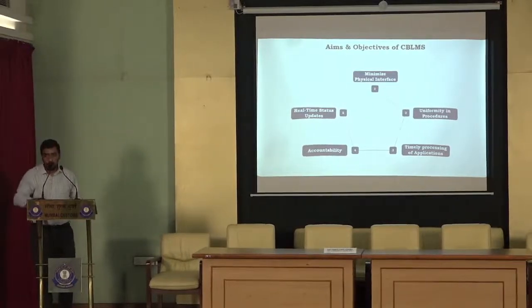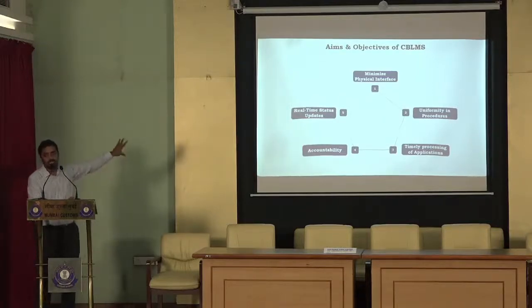After the implementation of this Customs Broker Licensing Management System, Chennai will also follow the same procedure and Mumbai will follow the same procedure. Entire India, wherever a CB section exists, these same procedures will be followed. Why? Because the portal is the same, pan-India.